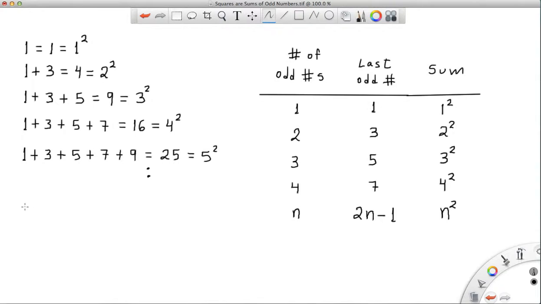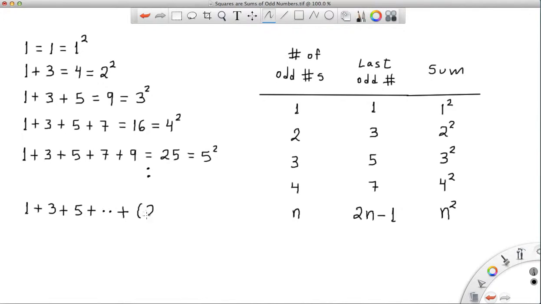Here, let me just write the notation. If we are adding 1 plus 3 plus 5 plus, so we write down the actual first few odd numbers, and then we just put dots to continue the sum, to indicate that the sum can be arbitrarily large, and we're going to stop with the last odd number.